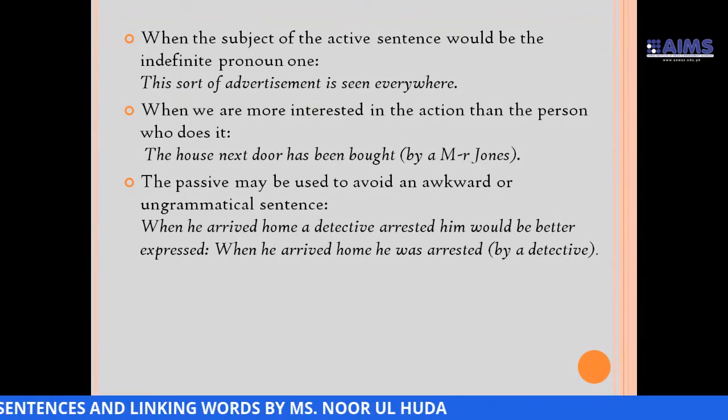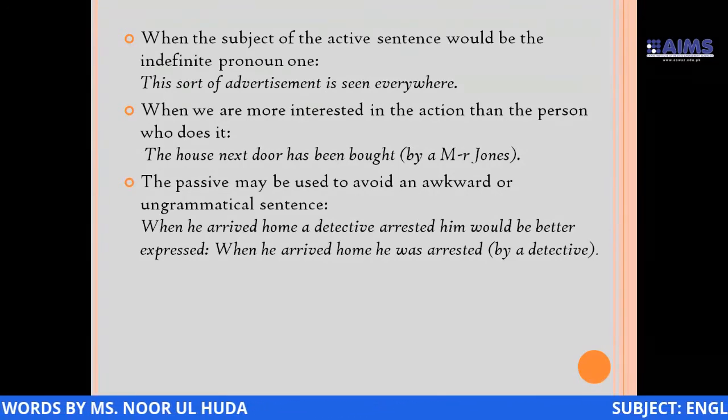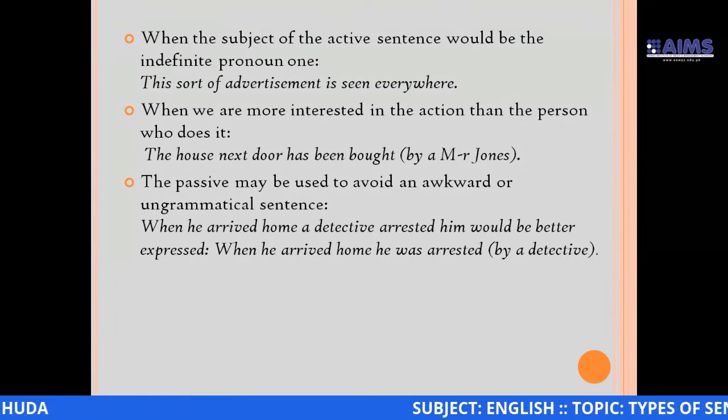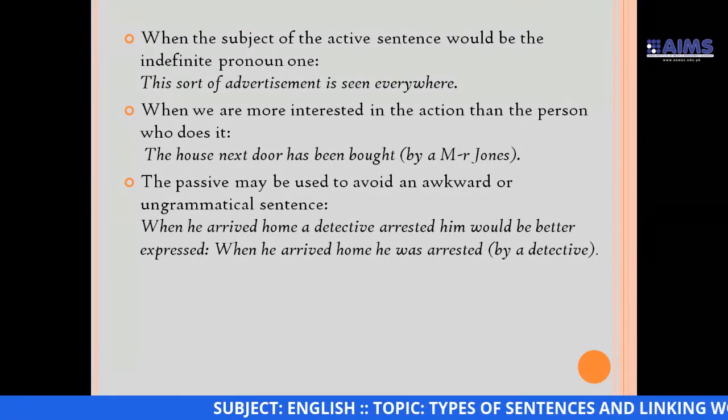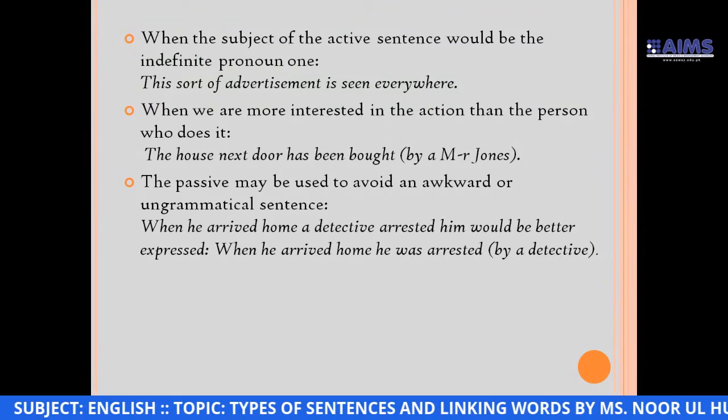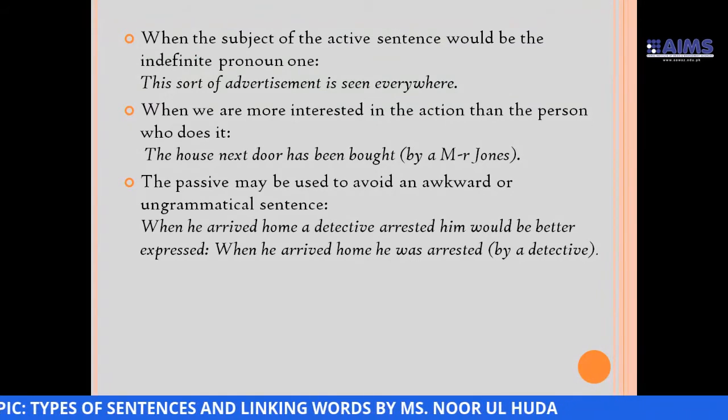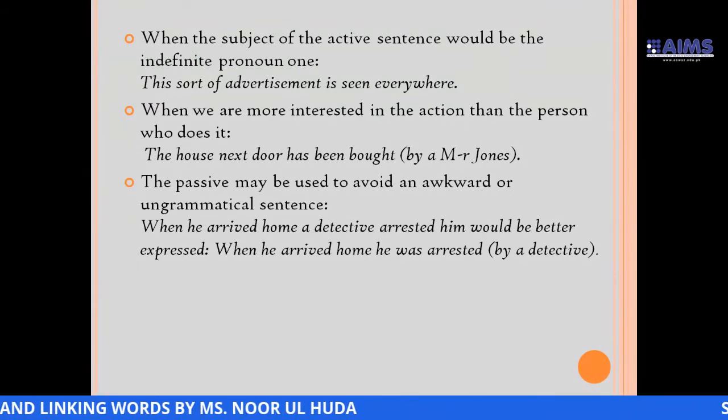The passive may also be used to avoid an awkward or ungrammatical sentence. "When we arrived home, a detective arrested him" would be better expressed as "When he arrived home, he was arrested."